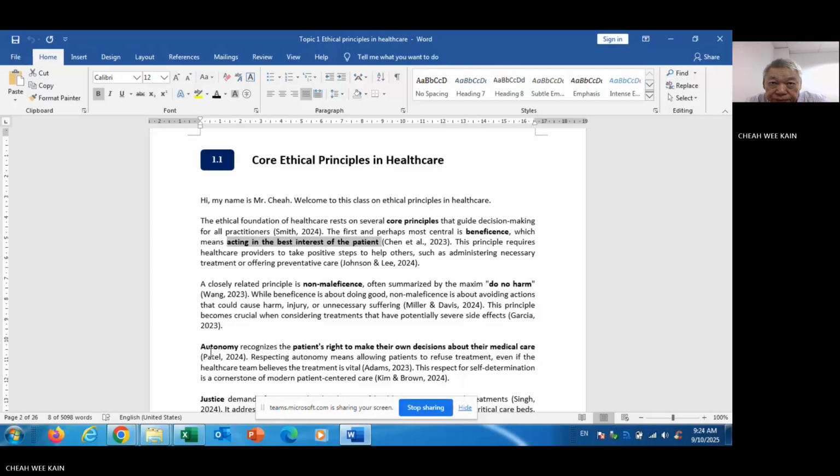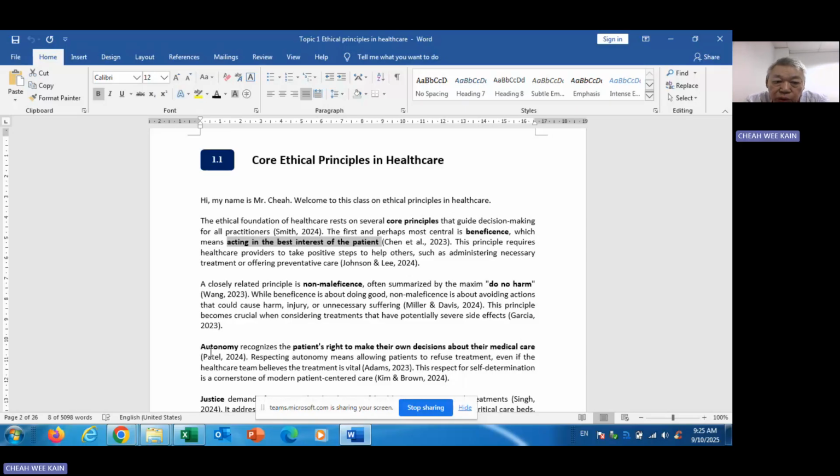Either way, please do not forget the most central ethical principle in healthcare is always to act in the best interest of the patient.